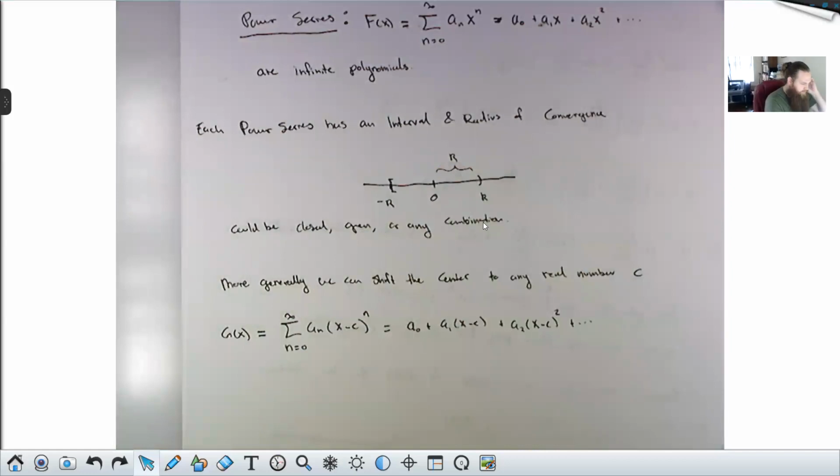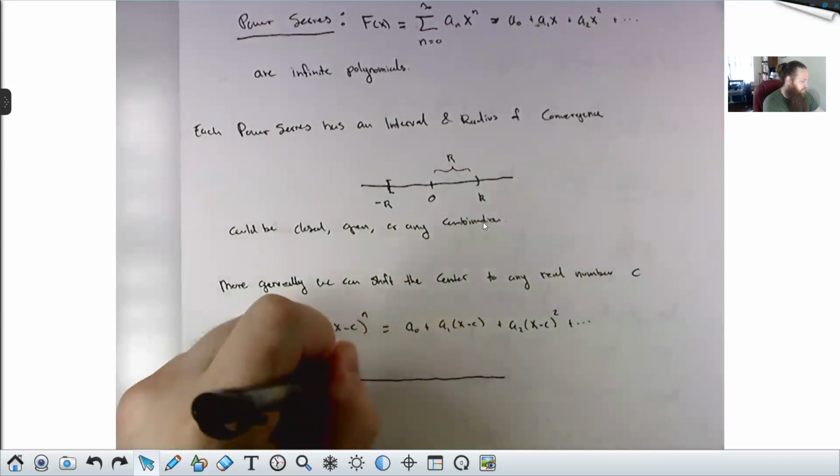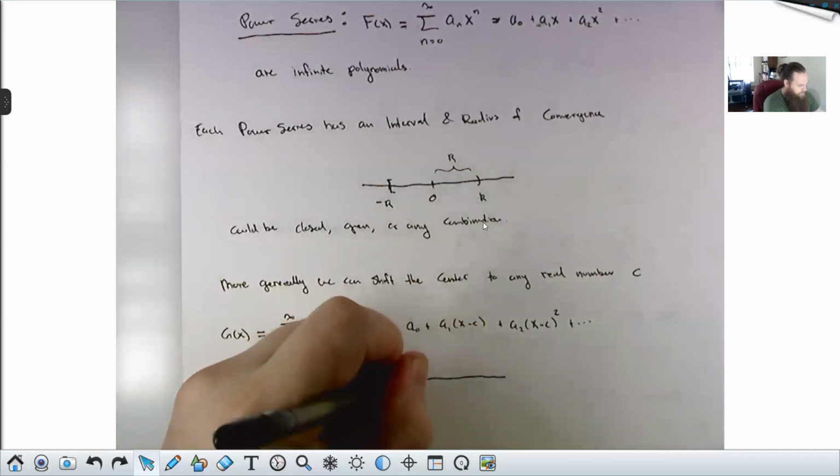And these guys, intervals of convergence, if you're centered somewhere other than 0, the picture is really the same.